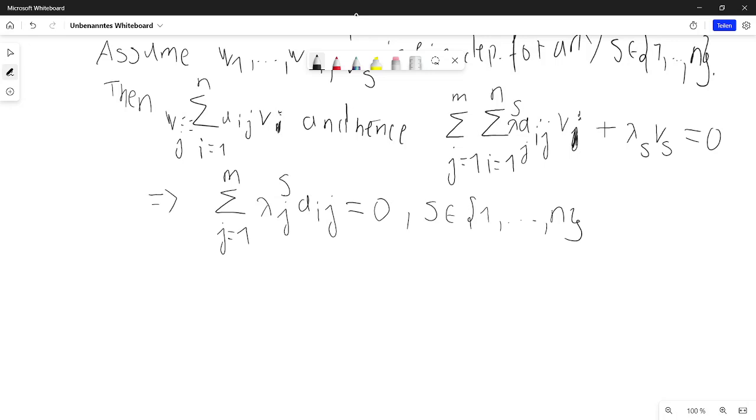So here we have s fixed in 1 to n. And here we have again 1 to n. And here, of course, at the point i, in the point s, we have to add something, right?